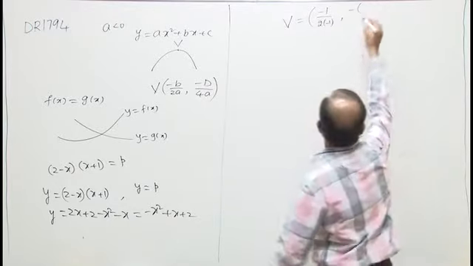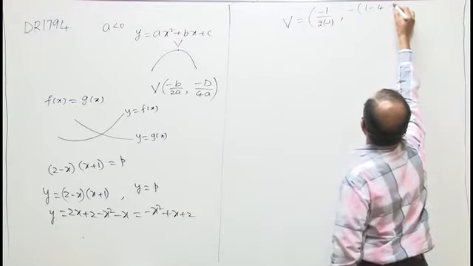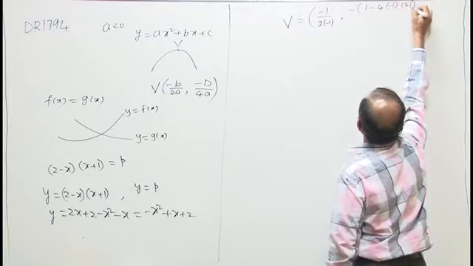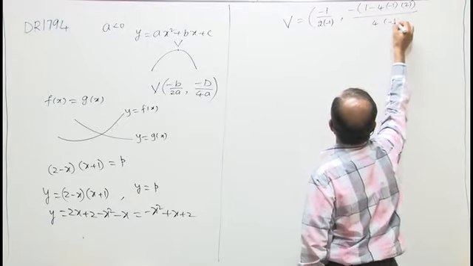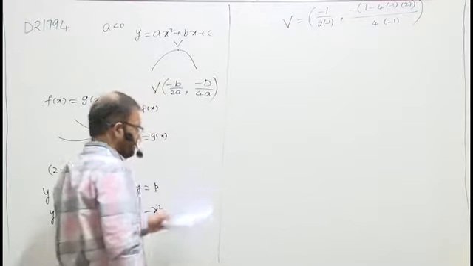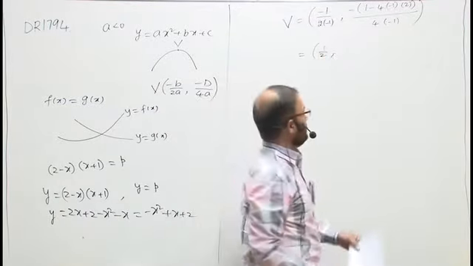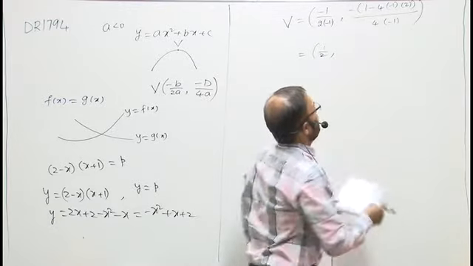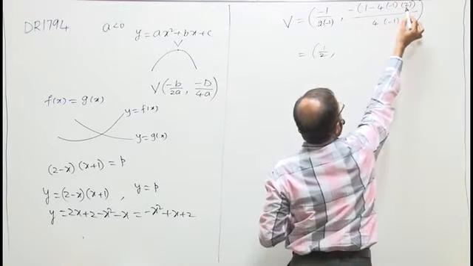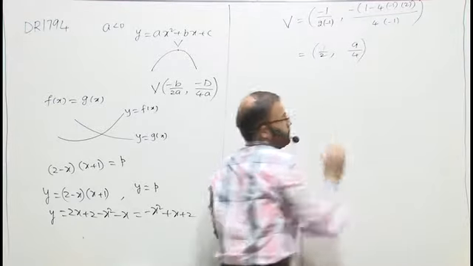B is 1, so b square minus 4, a is minus 1 and c is 2, divided by 4 into this one. Now I simplify this, the x coordinate will become equal to 1 by 2. Regarding the y coordinate, the minus minus simplifies and 4 into 2 is 8, it is plus, therefore I am getting 9 by 4.